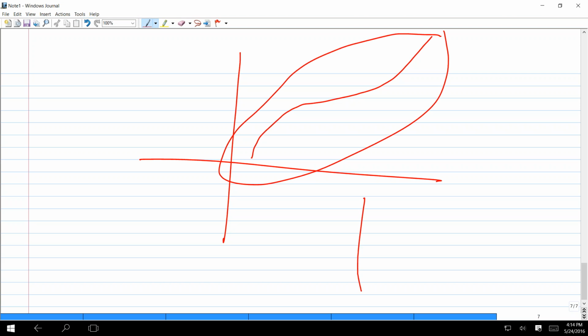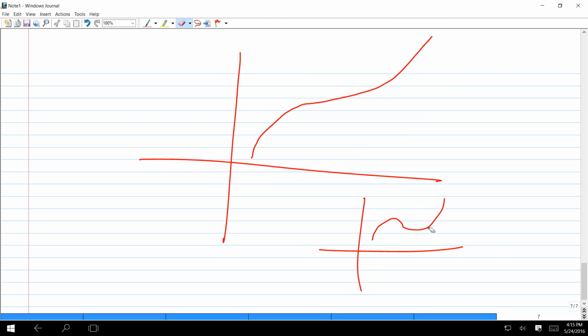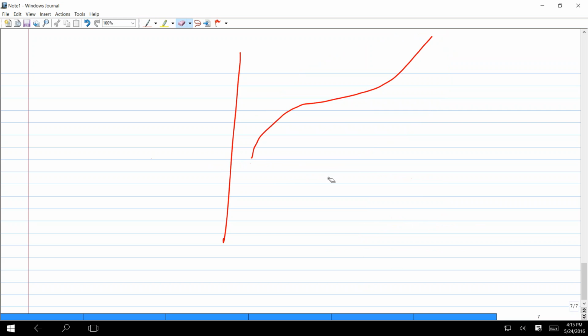But if I had a function like this, let's say that's a function because it passes the vertical line test, but it does not pass the horizontal line test. So it's a function, it's just not 1 to 1. Exactly. Which means that if a function is not 1 to 1, you cannot refer to its inverse unless you take further action. Okay. For example, let's take the sine function.